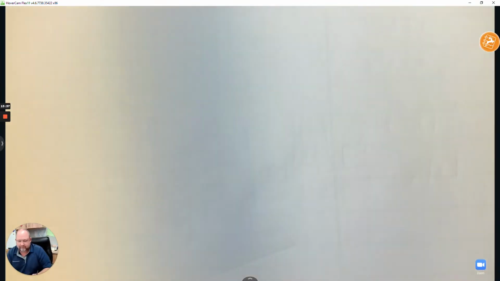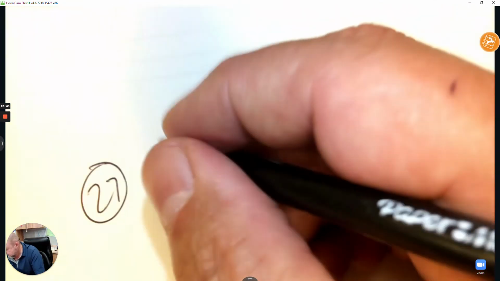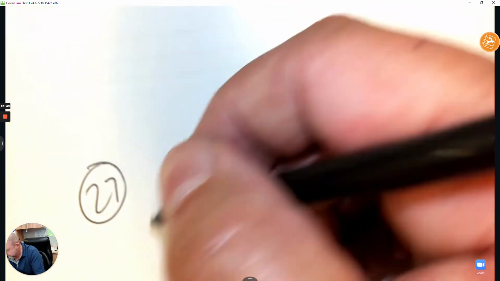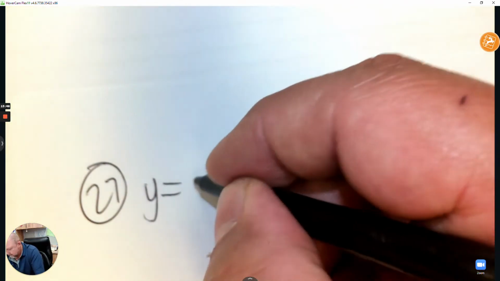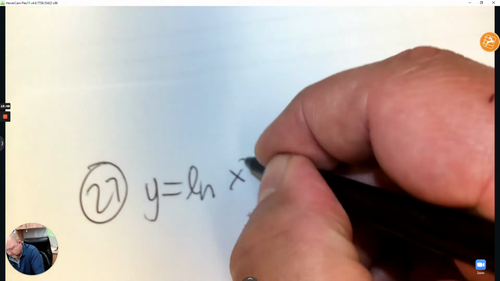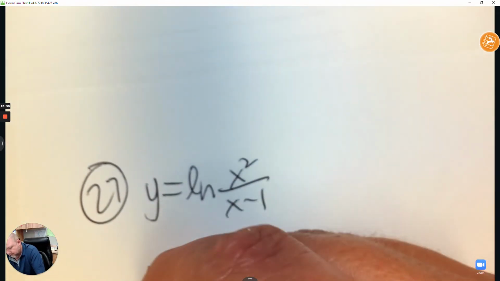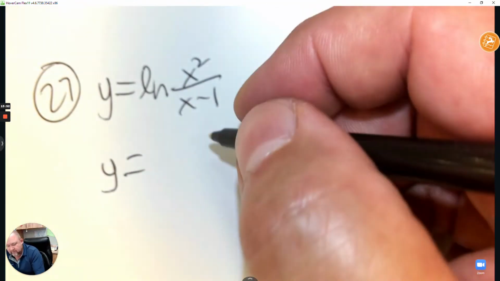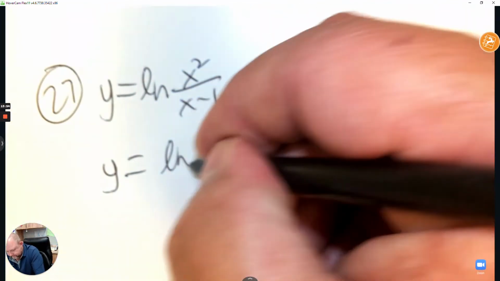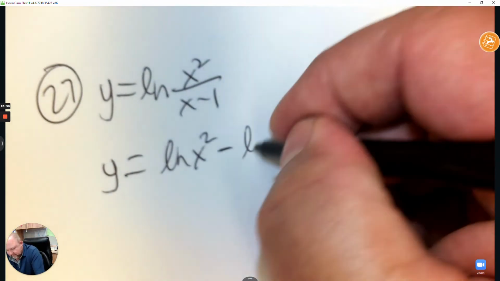27. Press pause. Step 1 is to use properties. So when you're dividing, you subtract.